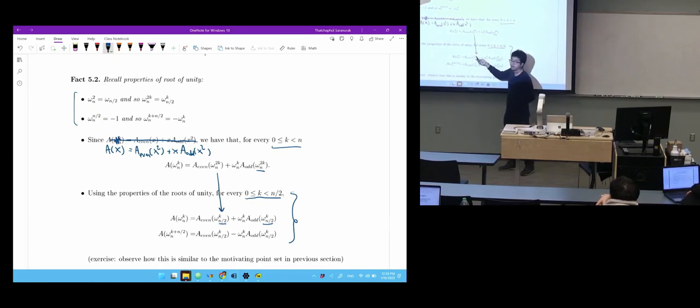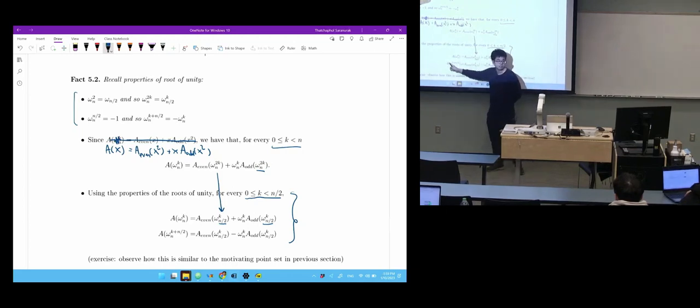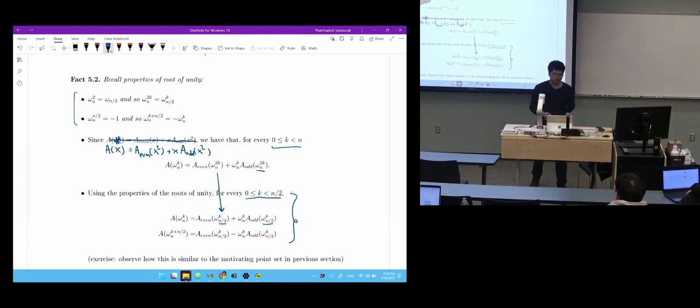Do the same for A odd. So basically, you just need to evaluate A even and A odd at all n/2 roots of unity. Once you have done all this, for each point you spend constantly many operations to get this thing, which means you spend an O(n) operation in addition after you are done with the recursion.